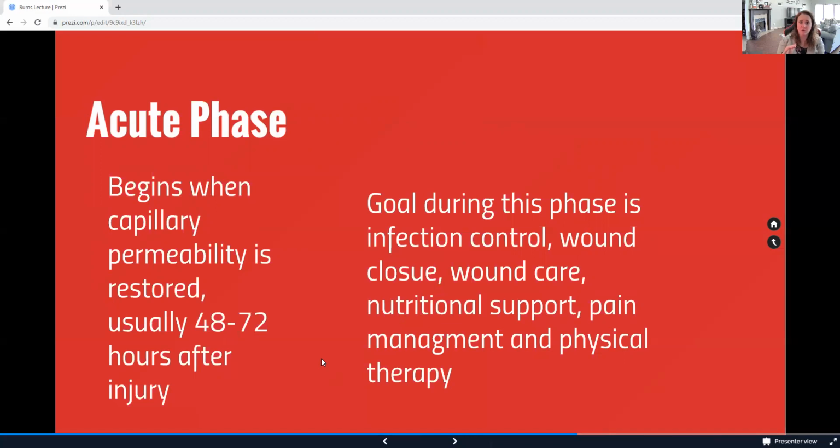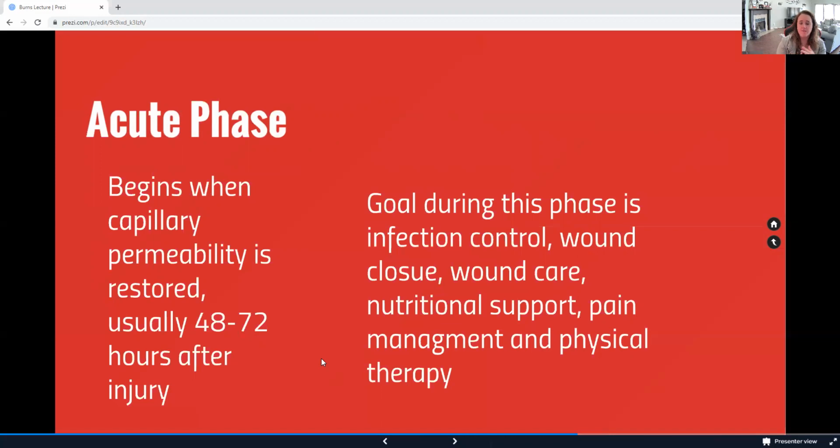We have to be careful because here we are dumping fluid, and then about that 48 to 72 hour mark, we should start to see stabilization. So we don't want to swing the pendulum too far and continue to give them too much fluid because then we can have hypervolemia and fluid overload, heart failure, things like that. So we have to drop that down a little bit usually and keep a close eye on our fluid status.